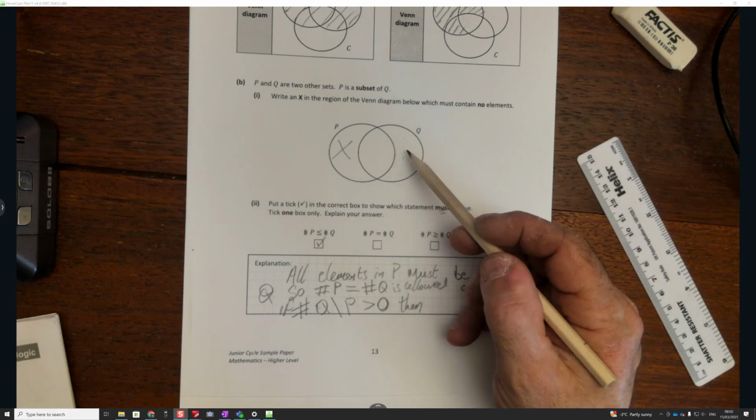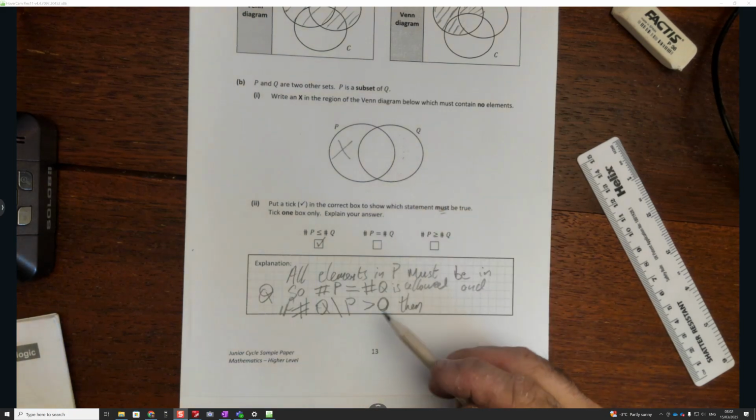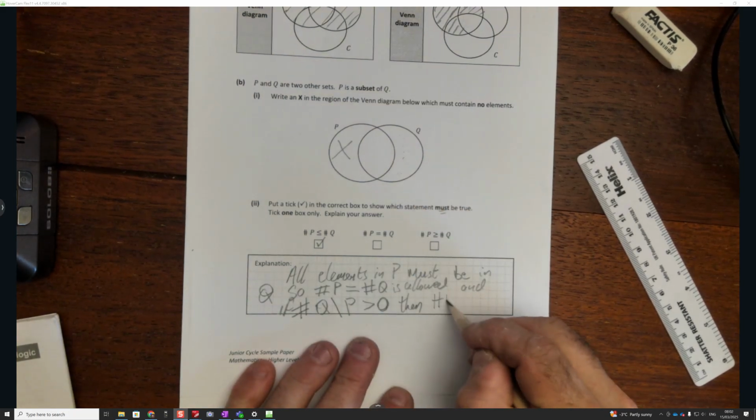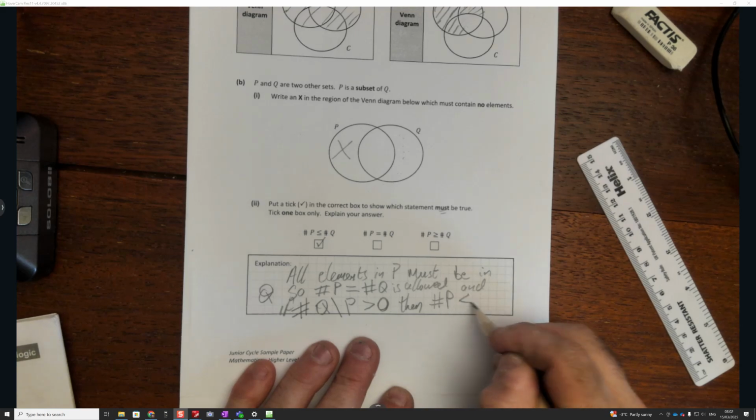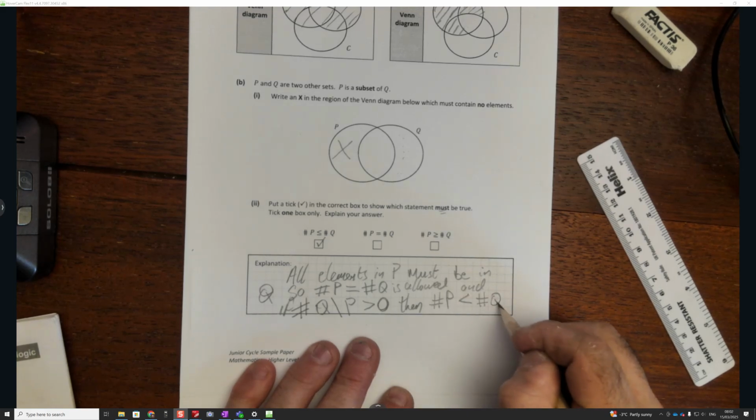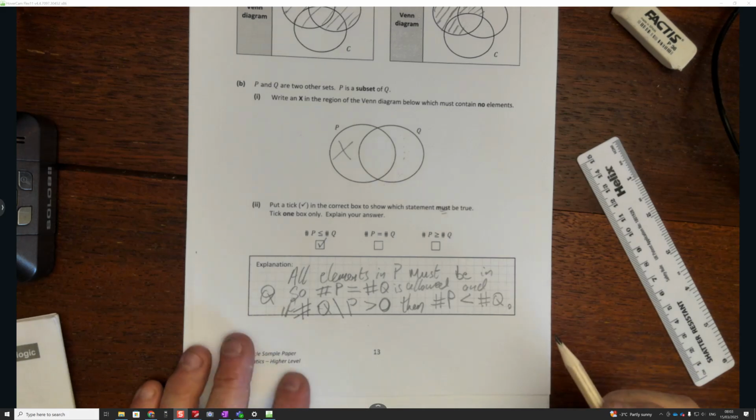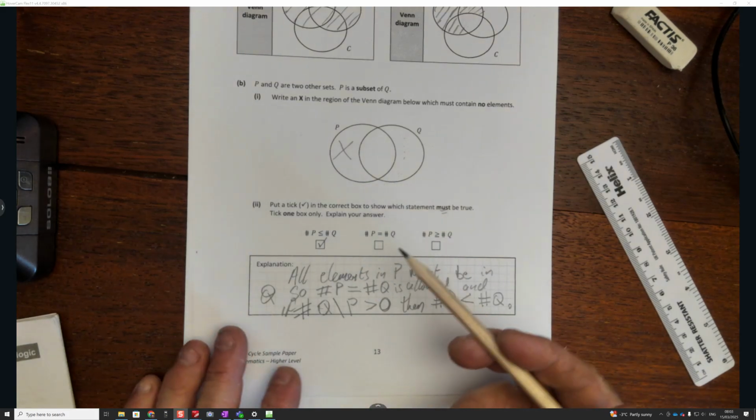If the size of Q without P is larger than 0, then the cardinality of P is less than the cardinality of Q. Okay.